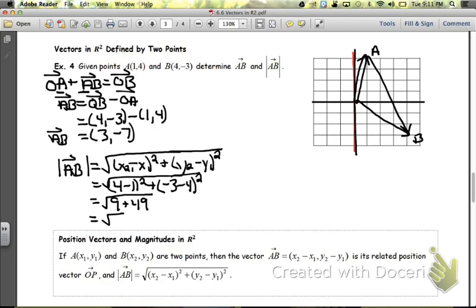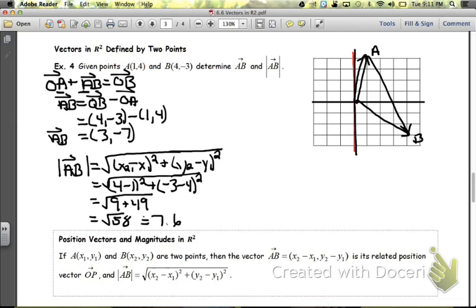So therefore, we get the square root of 58. And if you'd like, because we're talking about magnitudes, you can put this in decimal form, and you'll get that it's approximately equal to 7.6 units.